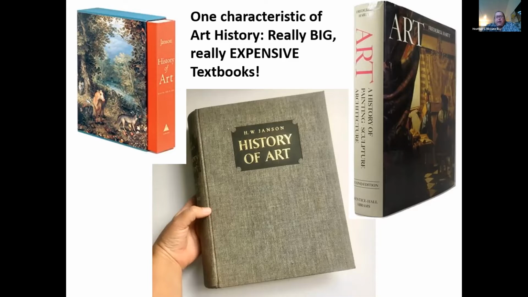And today, a hardcover volume that would cover the whole of art history from the Western perspective is probably about $125 to $150. If you're looking at world art, it might even be more.